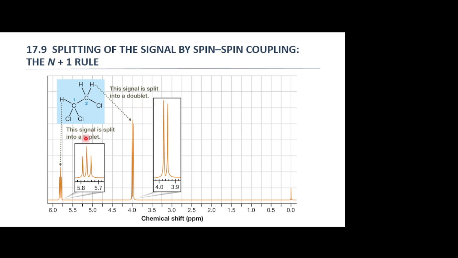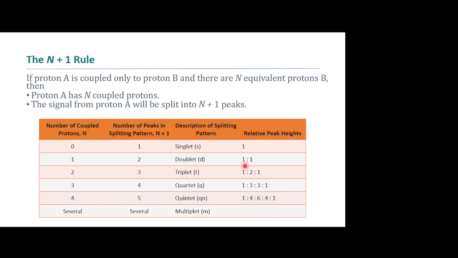These are about even, and the one in the middle is stronger than the other two. A quartet would look something like that, 1, 3, 3, 1. And then quintet would be 1, 4, 6, 4, 1.